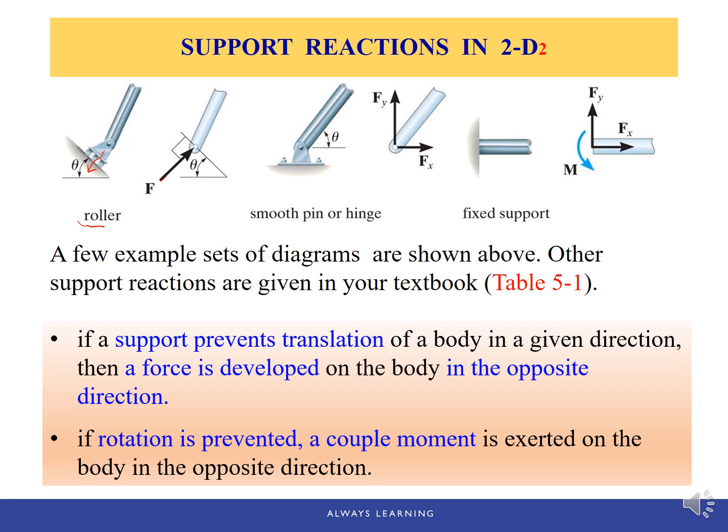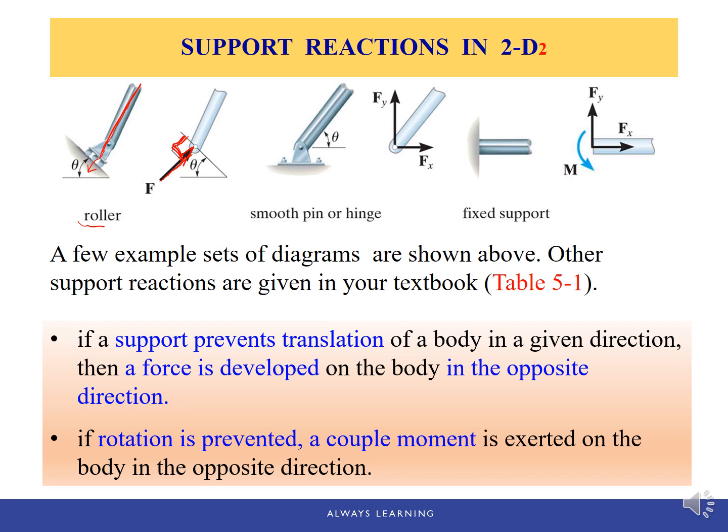Therefore, a force is here pointing in the opposite direction to prevent the structure from going into the surface. And keep in mind, this support reaction, or the force, is perpendicular to the contacting surface. So this is the 90-degree angle. It's not perpendicular to the structure, okay? But it's perpendicular to the smooth surface the structure is resting on.